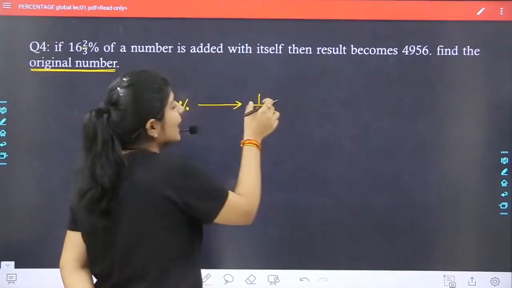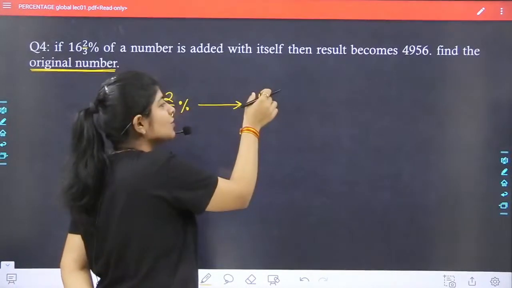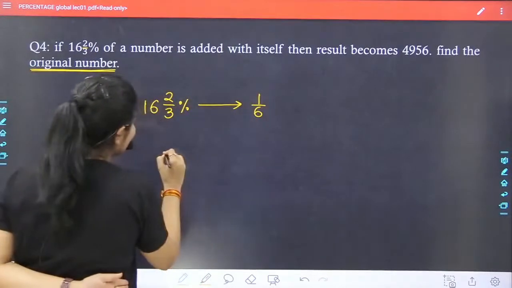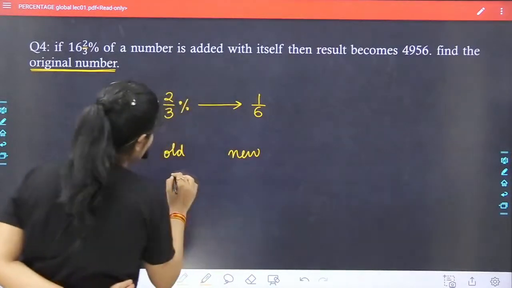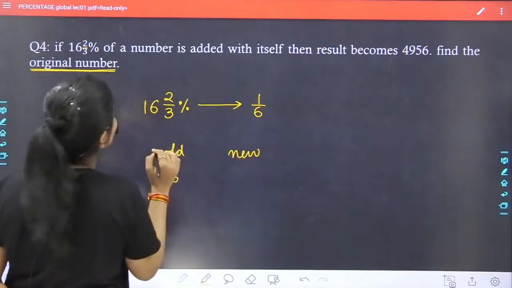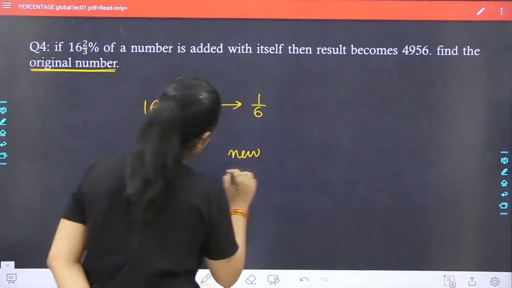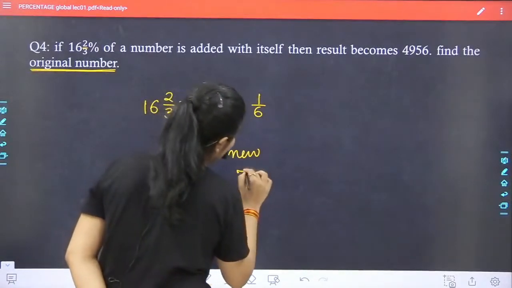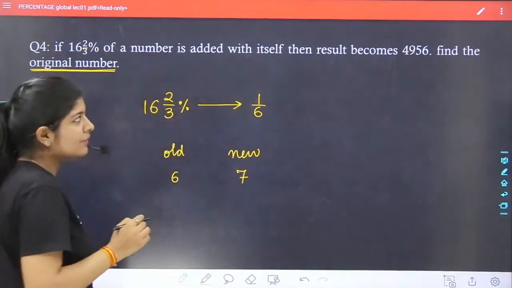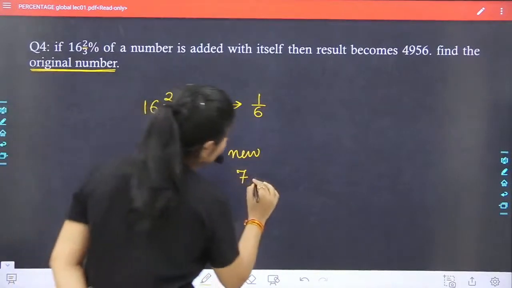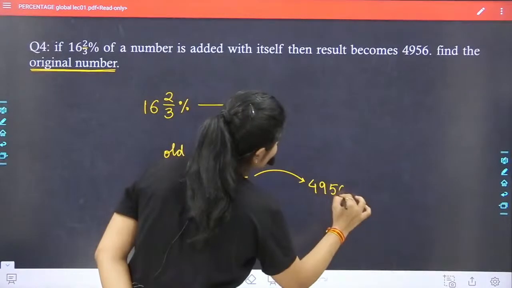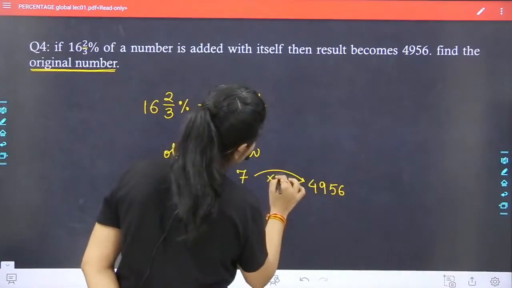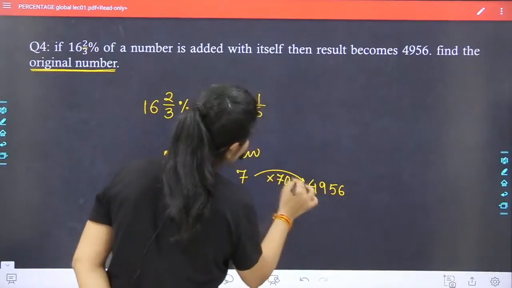That means if I am having 6 as my number, there's a change of 1 in that. If I write it as old number and the new number, I'm having my old number as 6 and we added 1 to the old number, that means I'm getting my new number as 7. If the value of new number is 4956, that means it is on the multiple of 708.